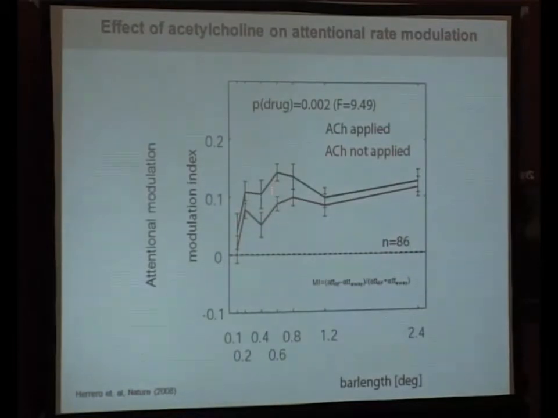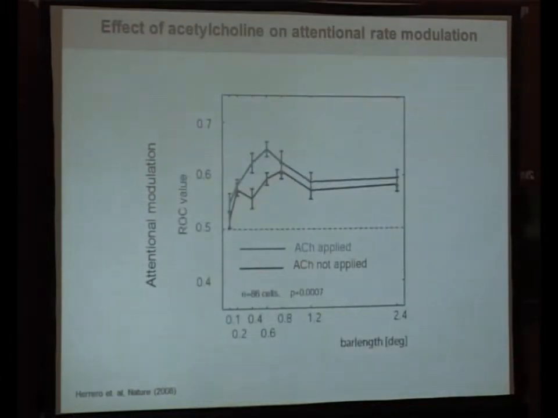And you can see that across the cells that we recorded from, when acetylcholine was applied, in black, the attention modulation index was larger compared to when it was not applied. This difference was bigger when the stimuli matched the receptive field sizes, but this is not something I'm going to dwell upon in today's talk. We can also quantify that by a different measure, by the ROC, which all of you will be familiar with, and the outcome is more or less the same.